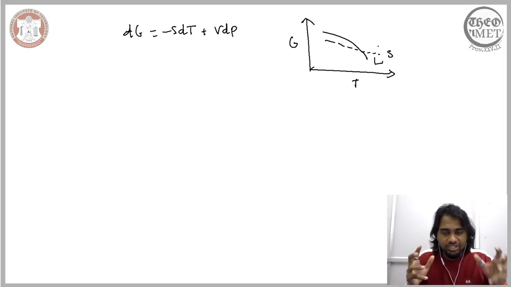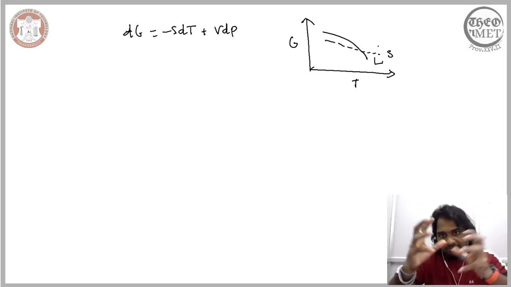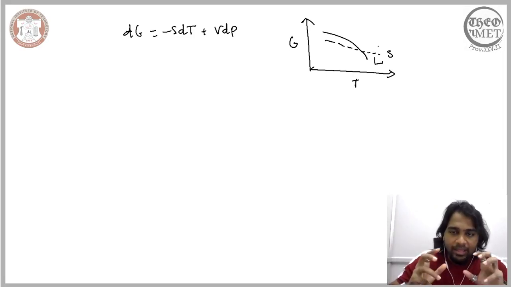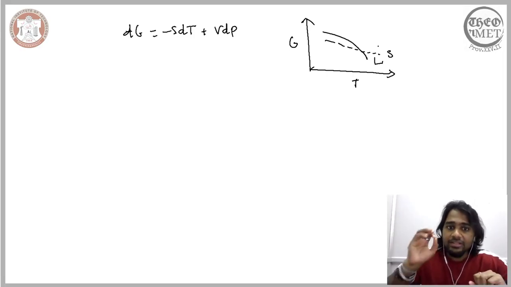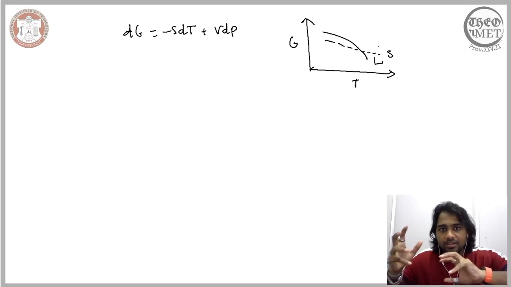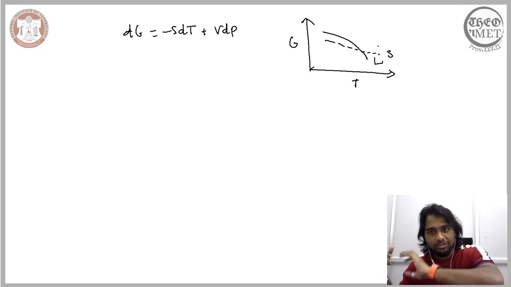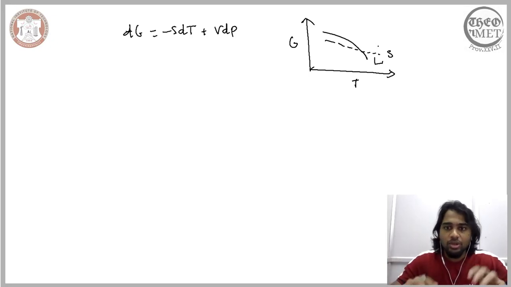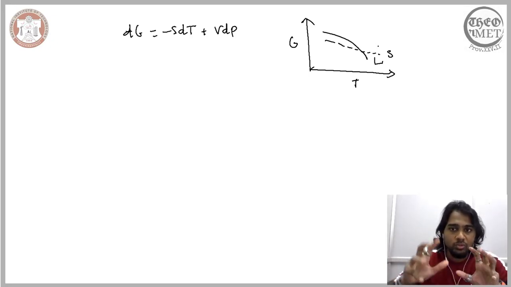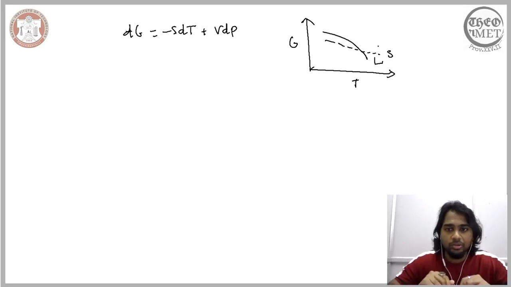Secondly, the second derivative of the Gibbs free energy with respect to temperature, which is related to the heat capacity, is also varying with temperature. So it also can be related to the curve.